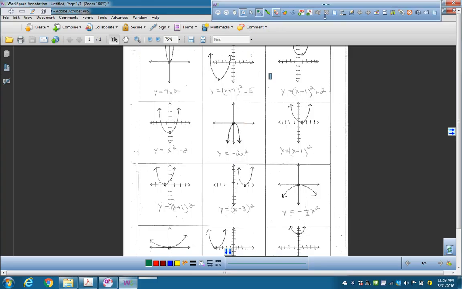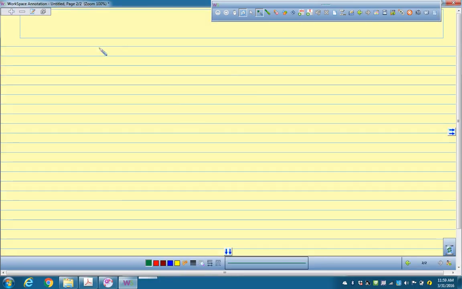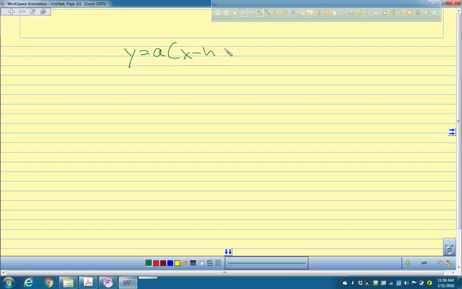Okay? So in general, I'm going to give you this formula. In general, we have the formula y equals a times (x minus h) squared plus k.